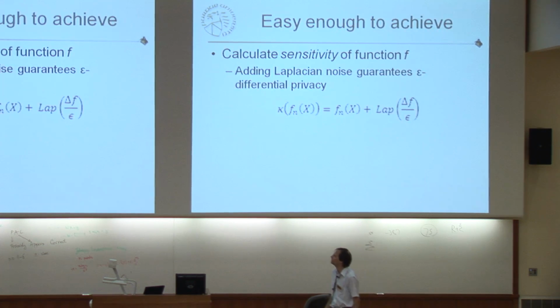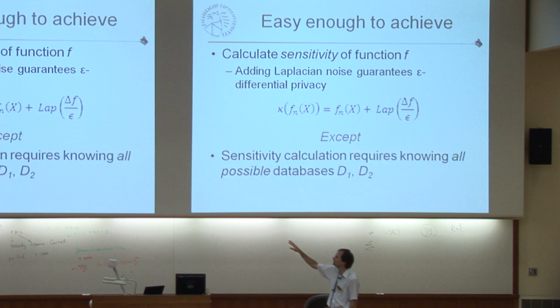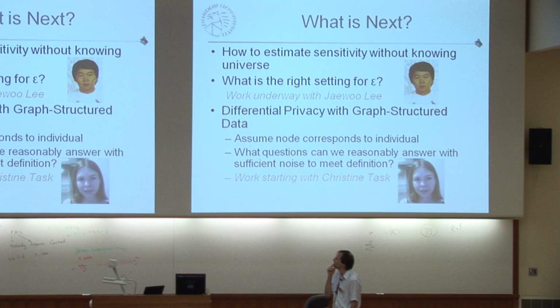Okay, it's easy enough to do this. It turns out there's a general technique which allows us to do this. A little difficulty: you have to know all possible databases, not just your own data. Some issues with this: how do you estimate the sensitivity without knowing the whole universe? Can you do this safely? What's the right setting for epsilon?